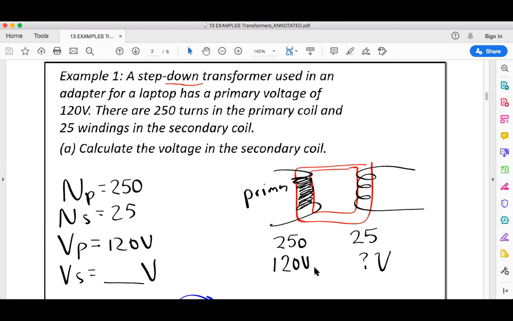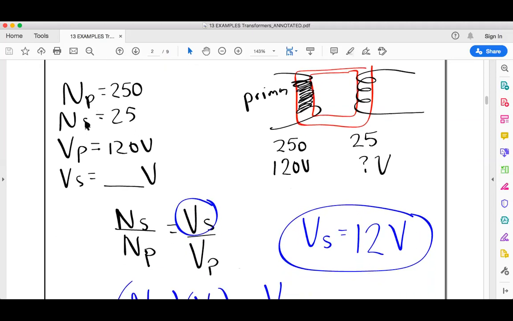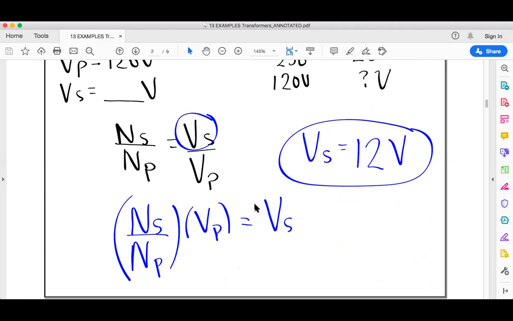And then on the primary side, it's 120 volts, and we want to calculate how many volts are on the secondary side. So we have NP and NS and VP, and we want to solve for VS. So writing this ratio, we want to isolate for VS. VS is equal to VP, so we cross multiply, VP times NS over NP. And we get VS is 12 volts.